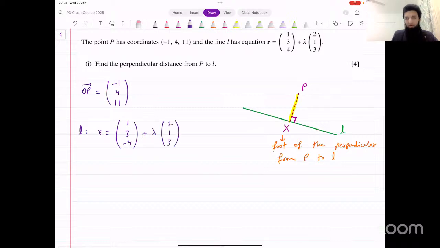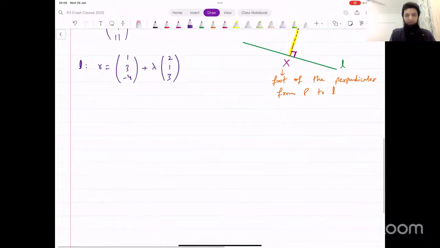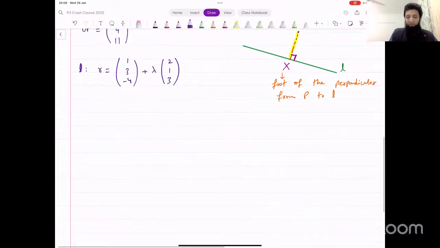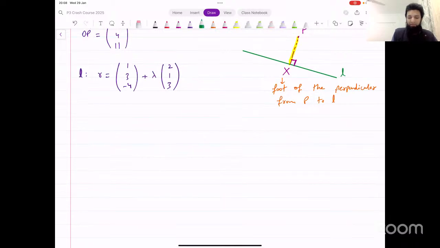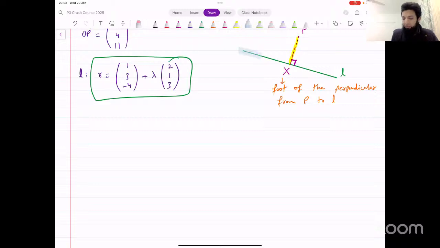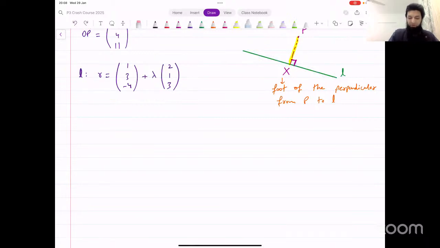Now I spent a lot of time explaining what the equation of a line represents, because now we need to use that understanding. Remember, we talked about this, that this equation should represent every single point on this line L. That's the purpose of the equation. Let me write that down here just for your notes so you remember this.